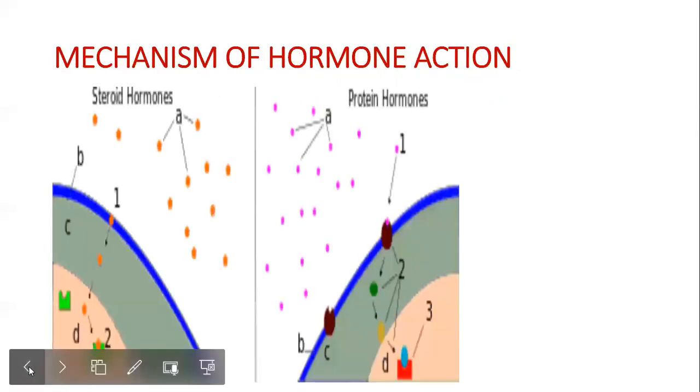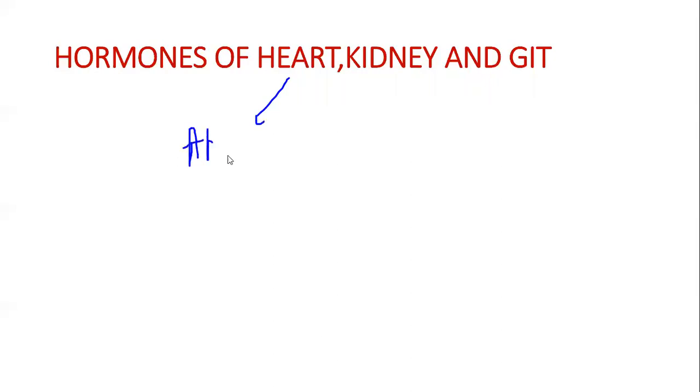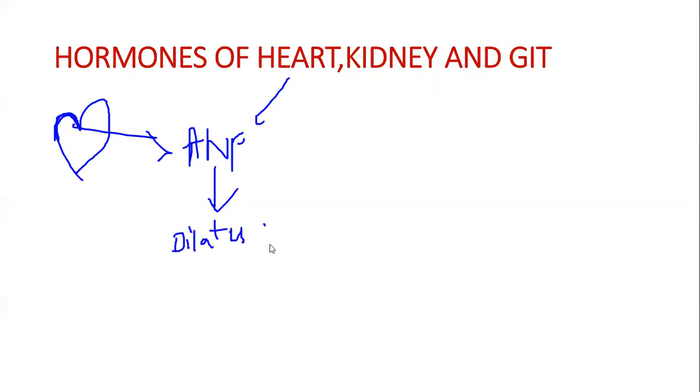The heart secretes this hormone from the atrial wall, and atrial natriuretic factor mainly dilates the blood vessels, and therefore it reduces the blood pressure. So whenever a patient has high BP, ANF is secreted automatically so that it reduces the blood pressure.